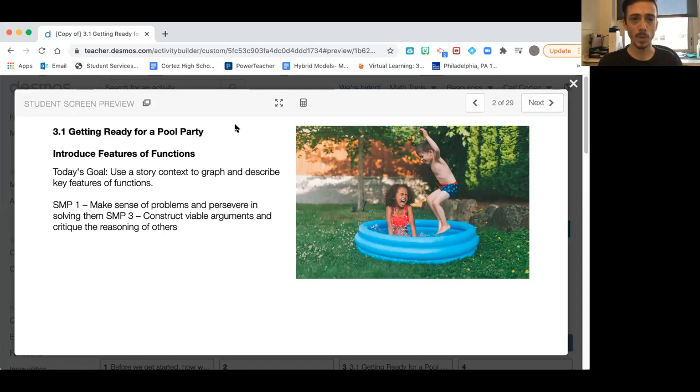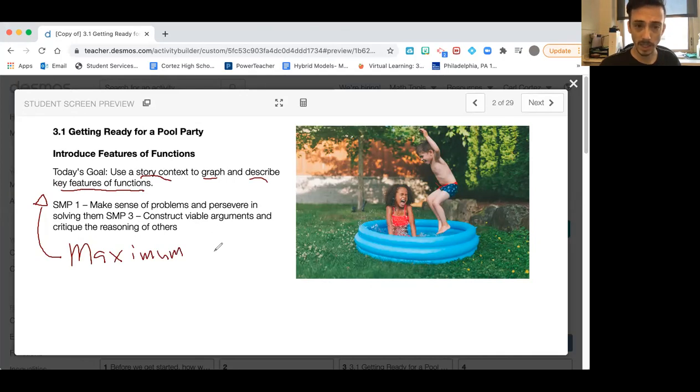What's happening here? We are introducing features of functions. Our goal is to use the story context to graph and describe key features of functions. I'll tell you right now, some things you could say would be the maximum, which is the highest point.